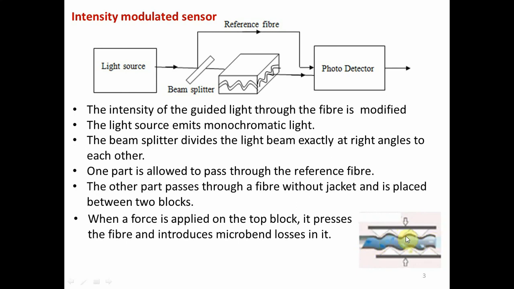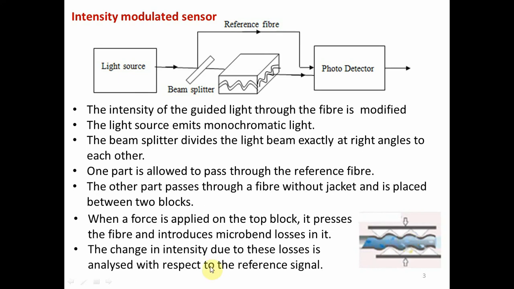Then it introduces microbend losses in it. Because of this loss, the intensity of light is changed, and this change in intensity is analyzed as compared to the light from the reference fiber.